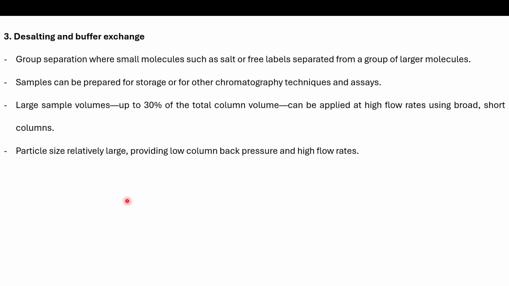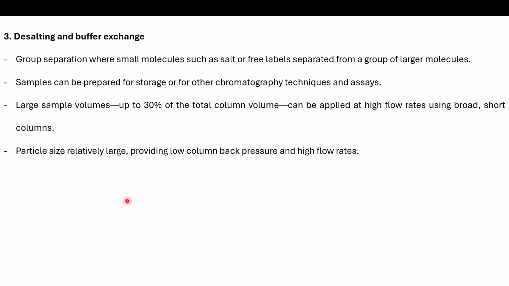So what you do is you pass the whole mixture through an SEC column, SEC resin, and the salts, being extremely small in size compared to your complex or your nucleic acid or your protein of interest, will come out at the end.